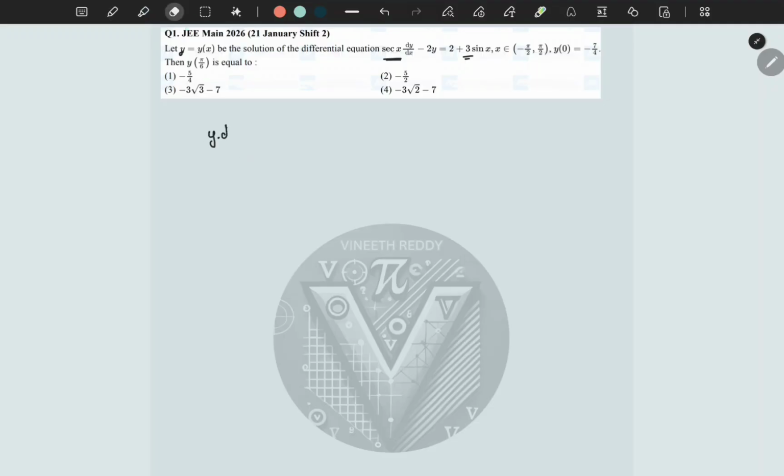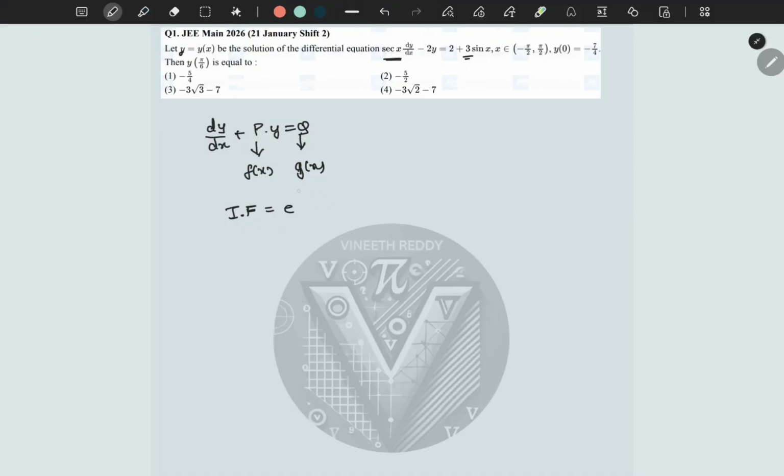See, a linear differential equation in y will be of this format: dy by dx plus p into y is equals to q, where p is a function of x and q also is a function of x, right? If this is the case, then we will be having an integration factor. See students, in the interest of time, I'm not deriving any results. So I hope you can follow it up.